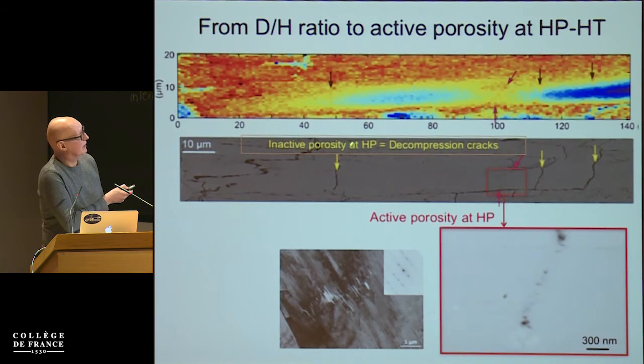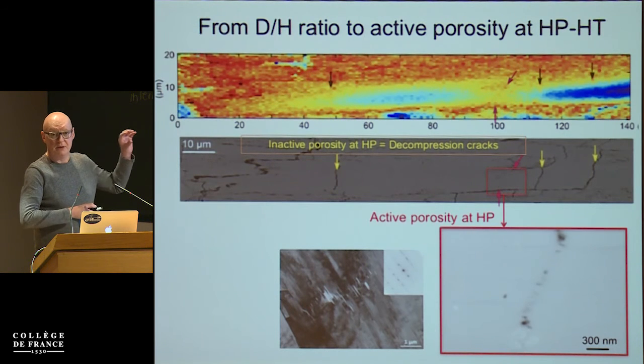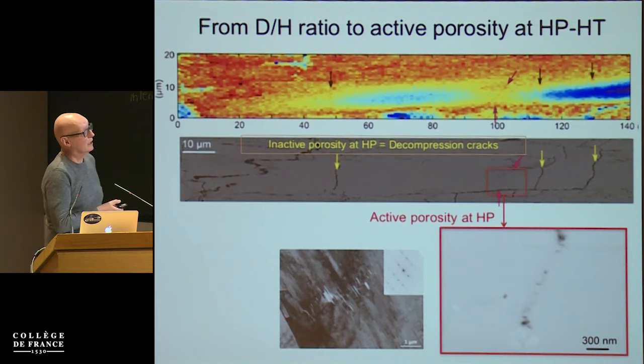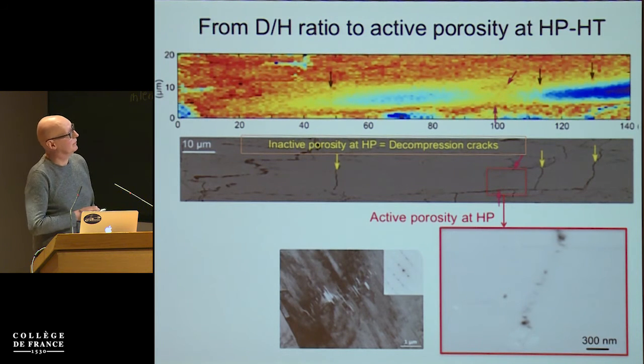This is very clearly seen on these cracks, which are marked by yellow arrows. You see that these cracks actually cross-cut the diffusion profiles in the crystal. That means there was no fluid going along those cracks during the experiment. So this was inactive porosity at high pressure, and this is just cracking due to the decompression of the sample after the experiment.